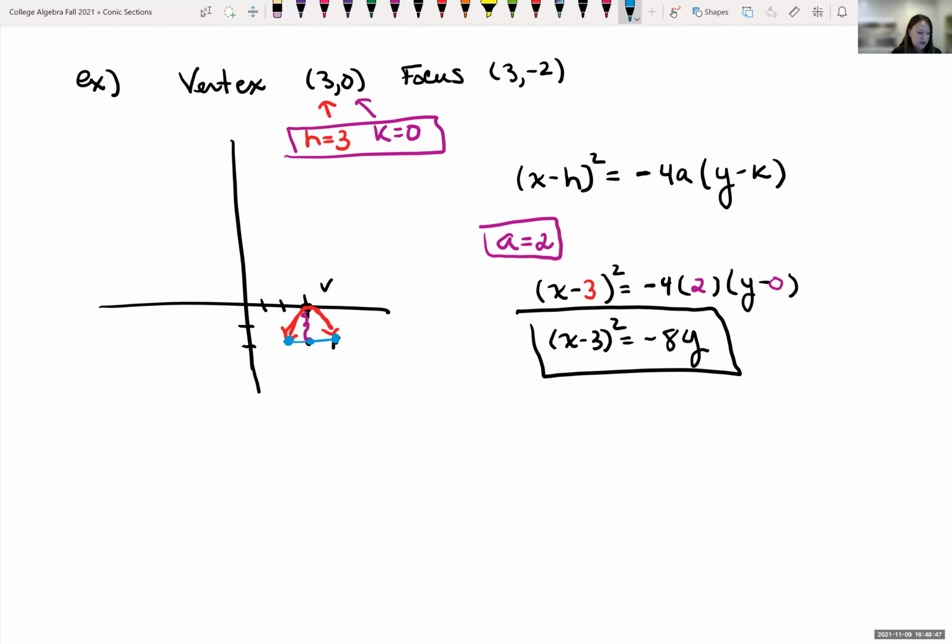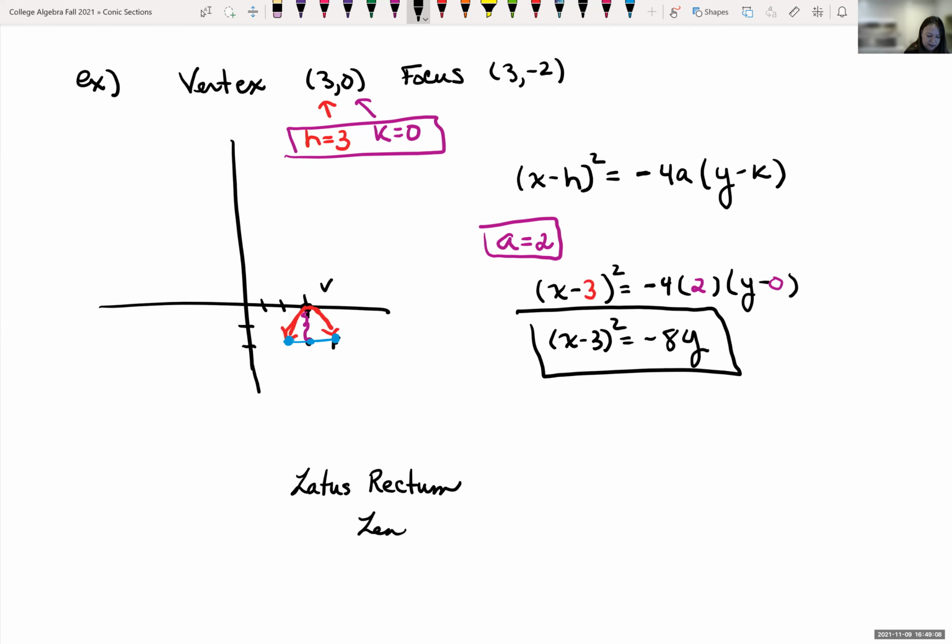Okay, so another definition is called the latus rectum, L-A-T-U-S, R-E-C-T-U-M.